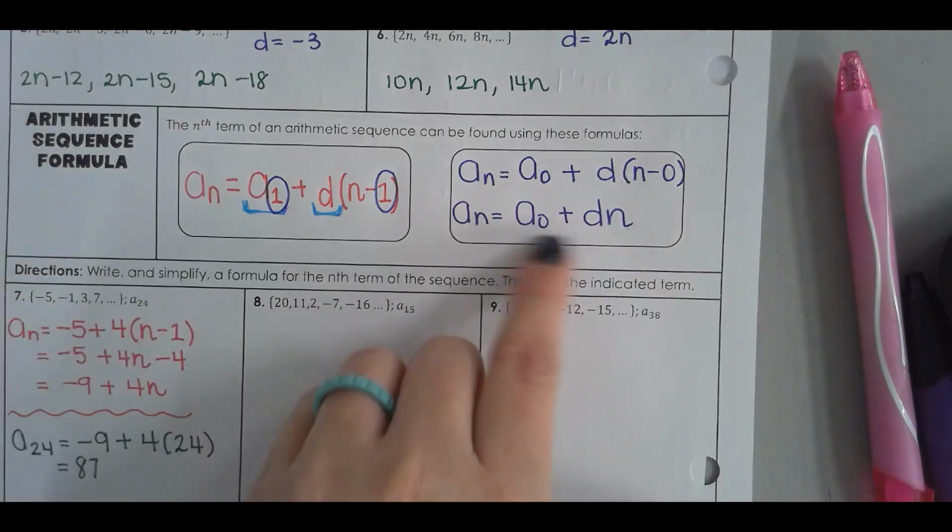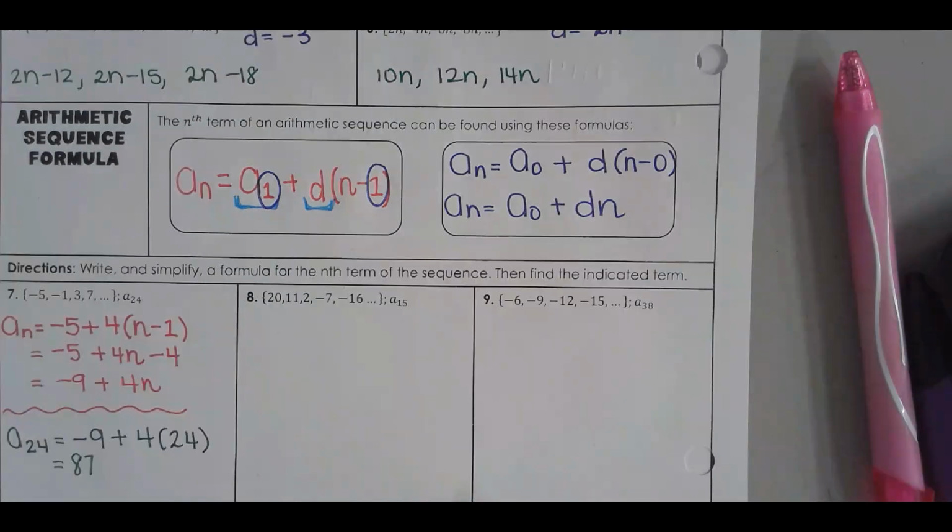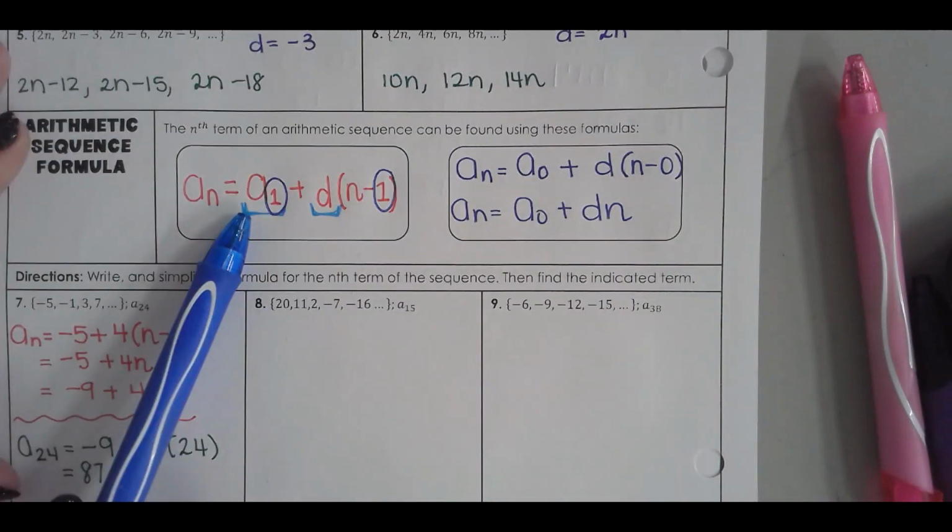If you prefer, this formula will keep you from the distributing and combining like terms. It's just a little bit quicker. If you don't like always using A1, that's fine. There will be questions later on where that's all I give you.